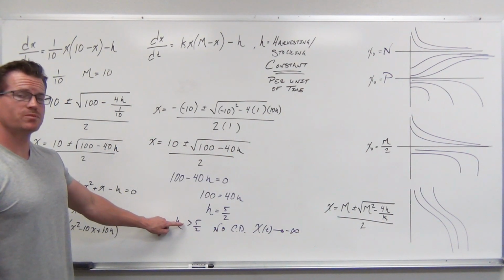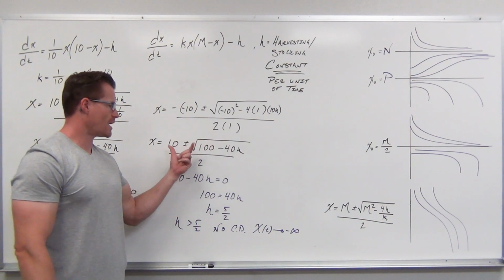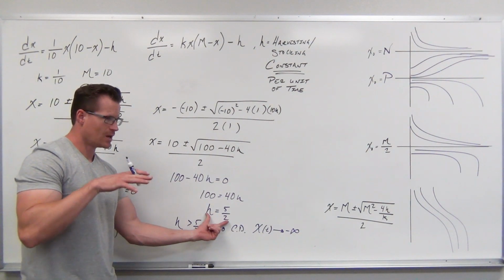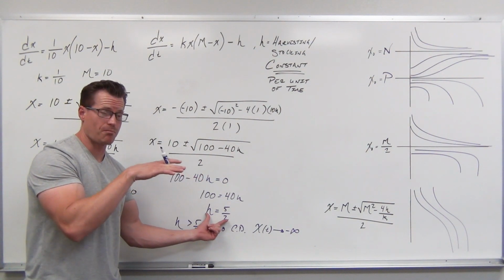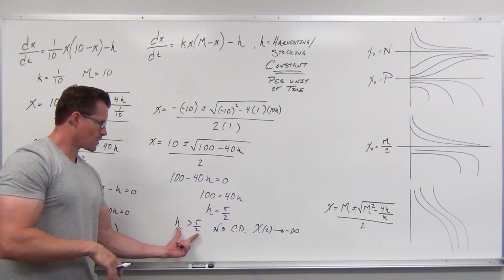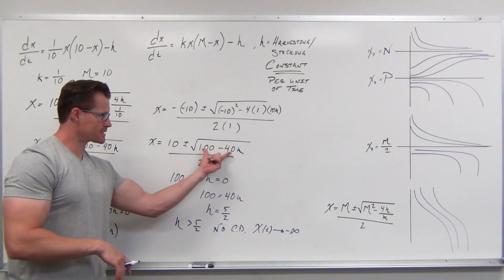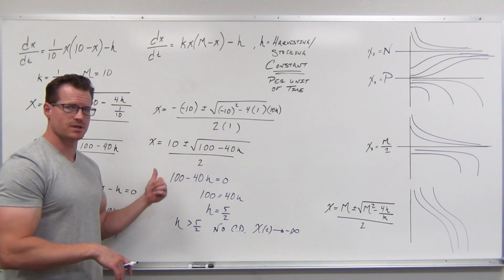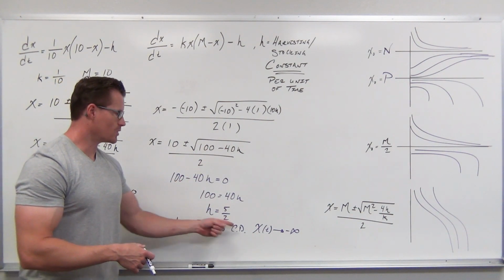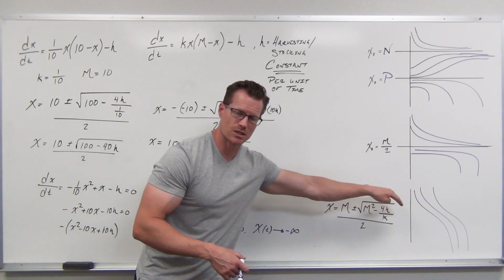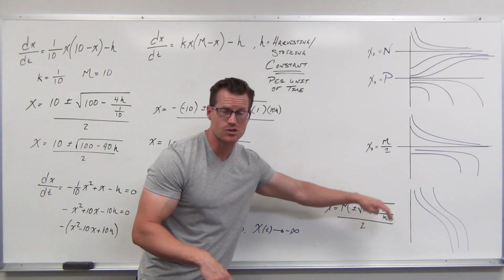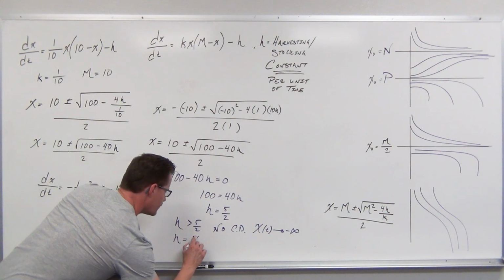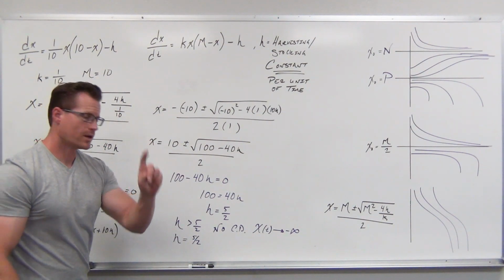So if our h is too much, we're harvesting too much, we will not have a critical point. This value, 5/2, is like your breaking point. It's called a bifurcation point. If you're harvesting more than that, this is negative. You have no real critical points, and your population will decline to negative infinity. Realistically, it's going to go to 0. If h equals 5/2, you have one critical point.